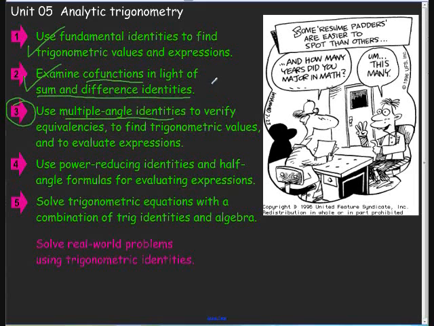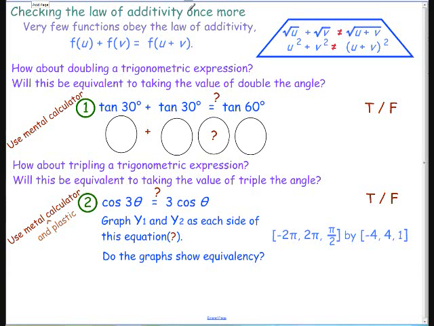What does that mean? Well, this would be theta, and multiples of theta, what would those be? 2 theta, 3 theta, sure. Before we go into it, I want to go back to something which we've talked about before, and that's the law of additivity.